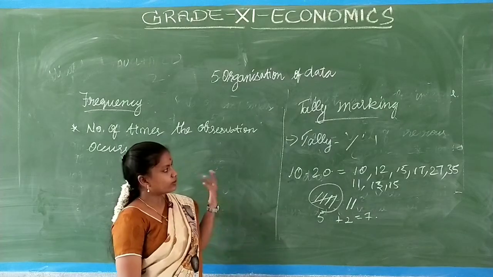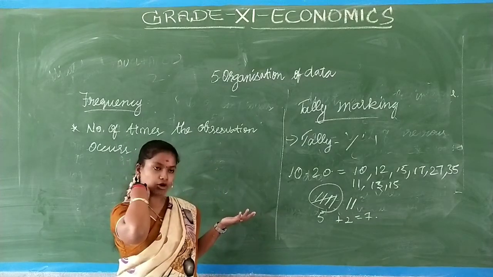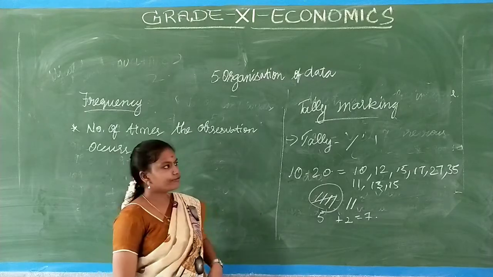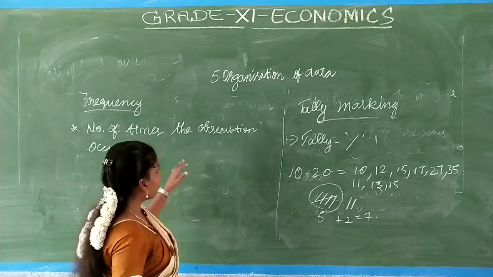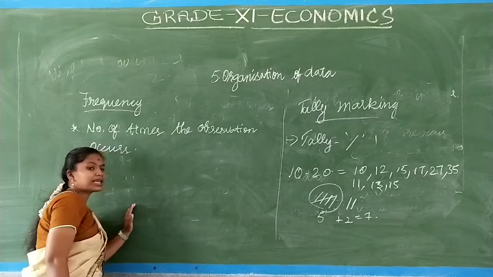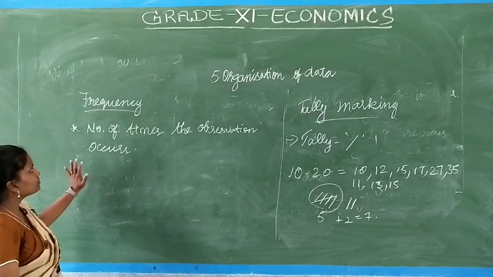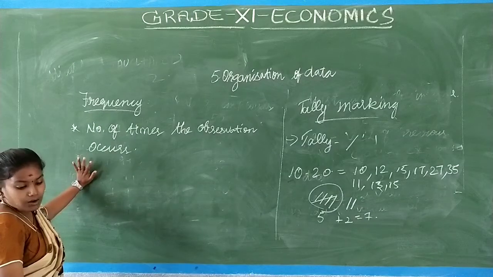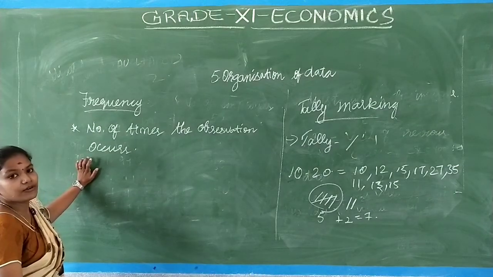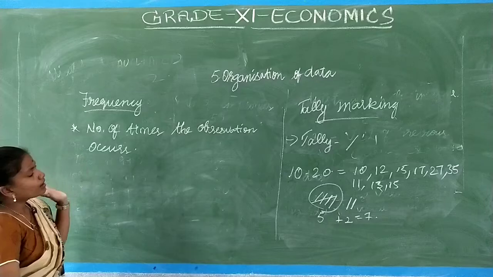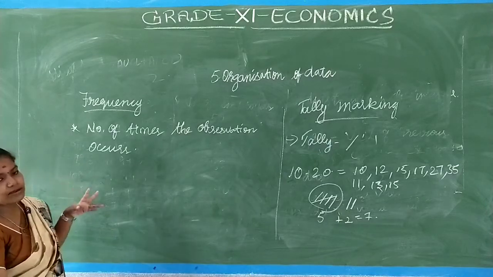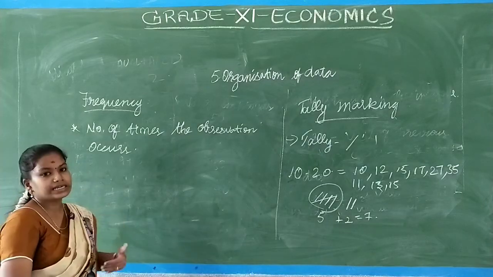Clear, children? Shall we go to the next step? The next step is talking about loss of information. Fine. So far we have discussed how we will determine the frequency for each class by counting the number of times an observation occurs in the data.